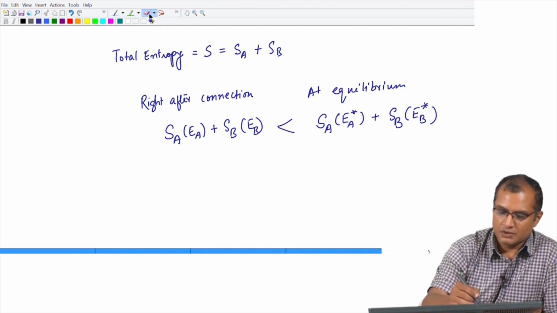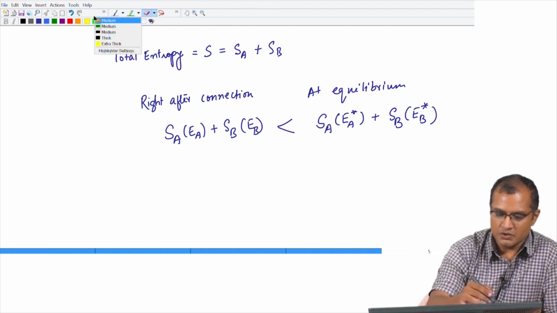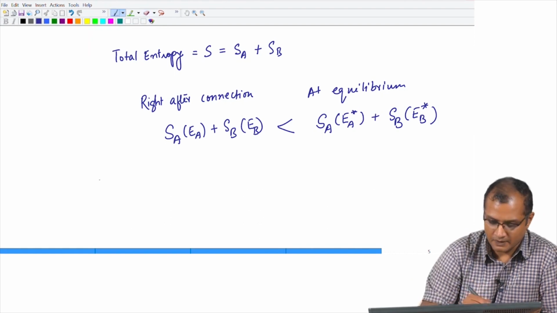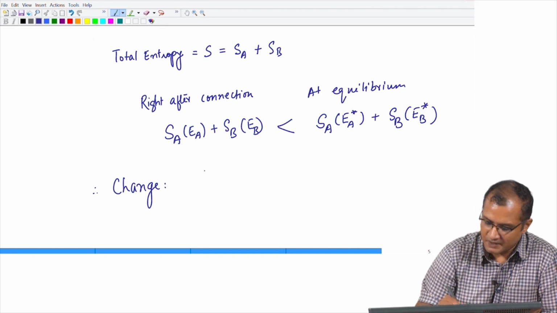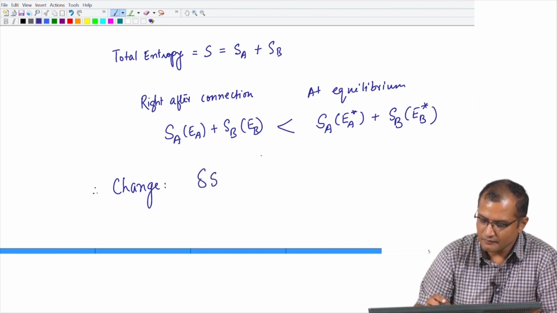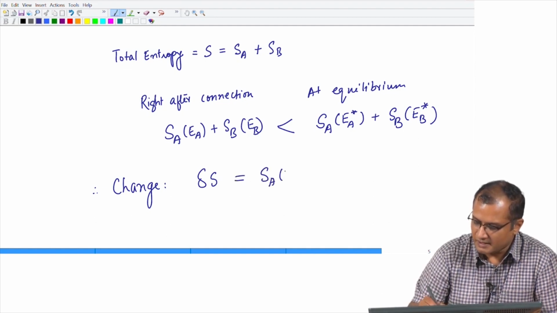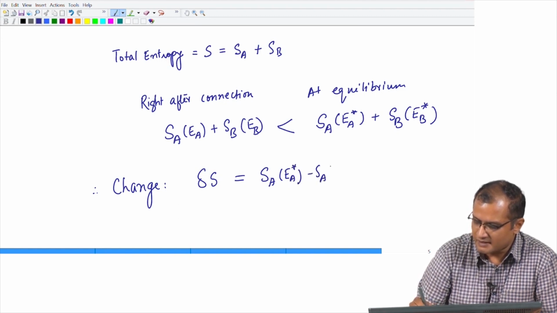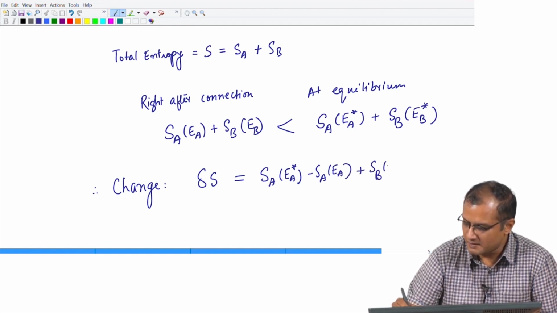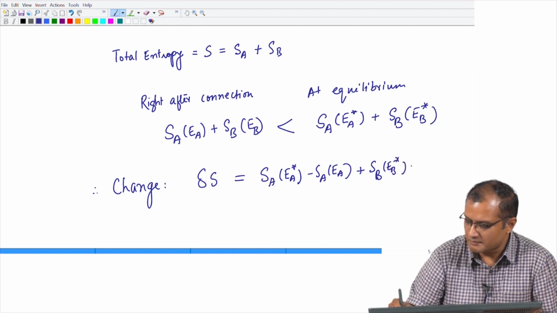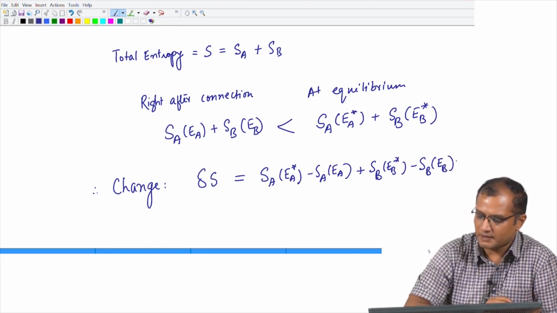Okay. So, if I want to compute the change in entropy, the change would be delta S, okay, and that change will be nothing but S A E A star minus S A E A plus S B E B star minus S B E B, okay.